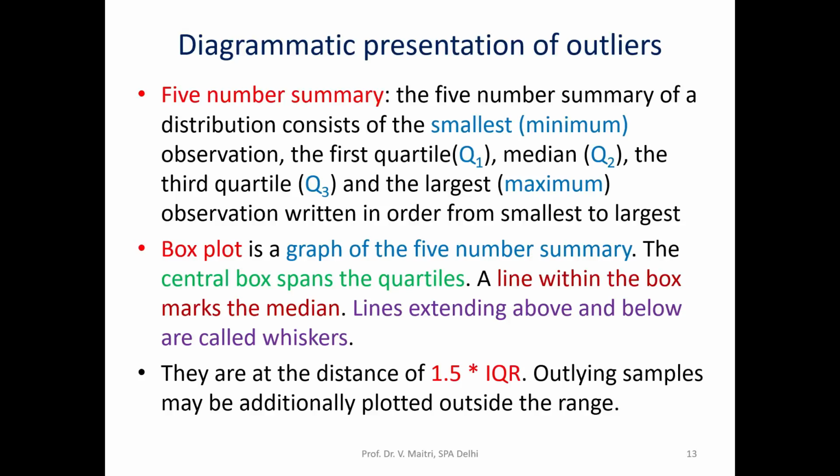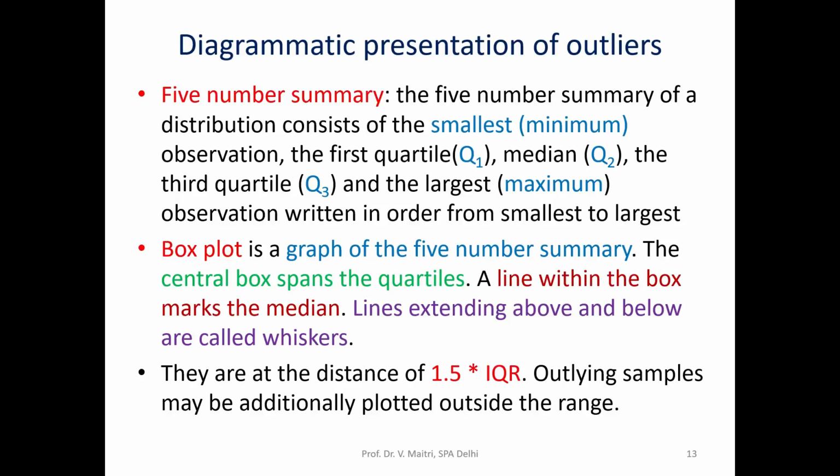So in the 5-number summary, if we draw a box plot, the central box is nothing but the quartiles. For finding the outlier, we will see how this box plot helps us in identifying the outlier.